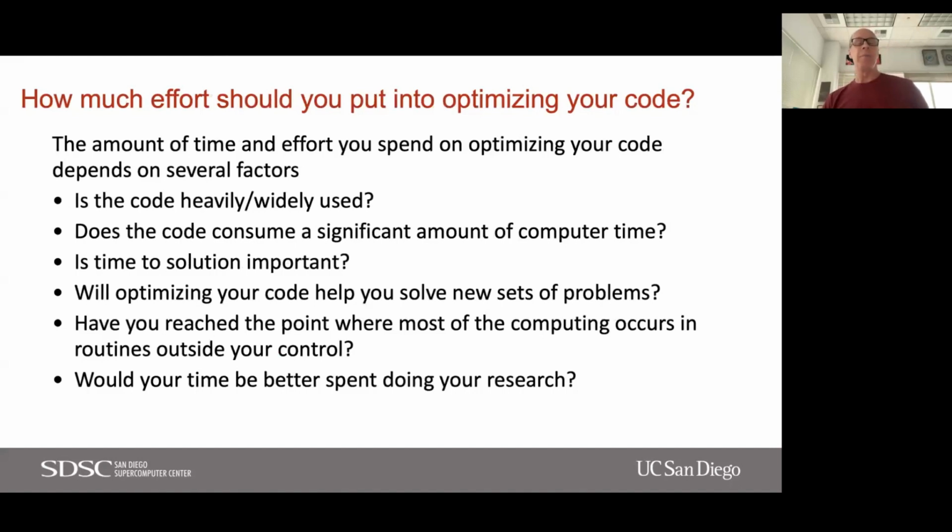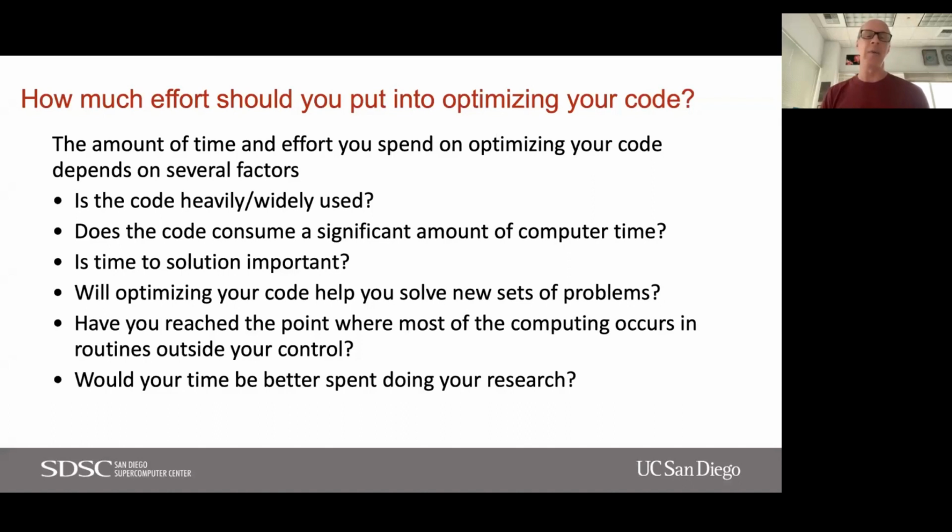And then finally, before we get into some of the details, how much effort should you put into optimizing your code? The amount of time and effort that you spend is really going to depend on a number of factors. First of all, is the code heavily or widely used? If it's a community code where it counts for millions, tens of millions, maybe hundreds of millions of core hours or GPU hours per year, make sure that you do everything that you can to improve the performance.